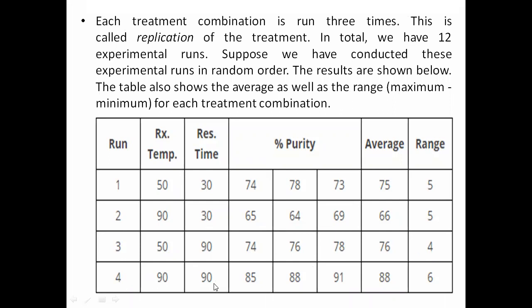Likewise the fourth trial, also 90 degrees temperature, 90-minute time, 85, 80, range 6. So here you can see where the percentage purity has come to the highest number, right? Likewise, if we design the experiment, we can get good purity or good quality.